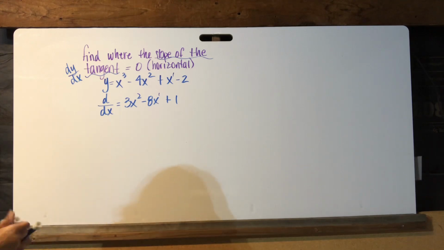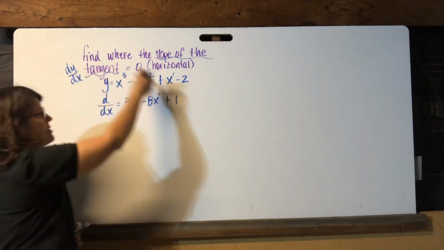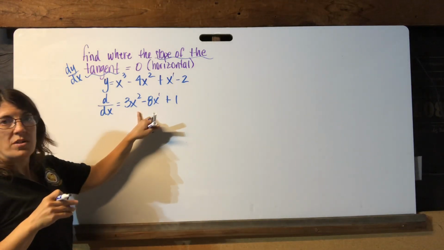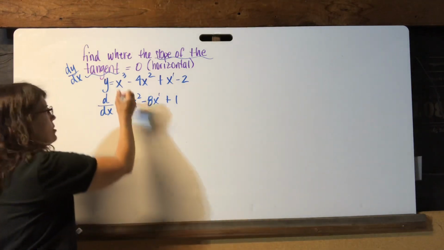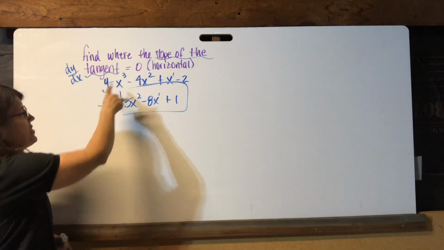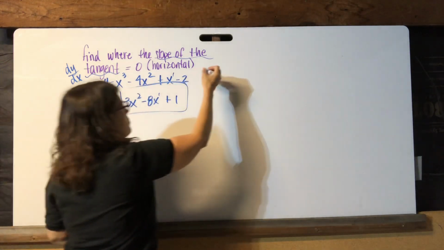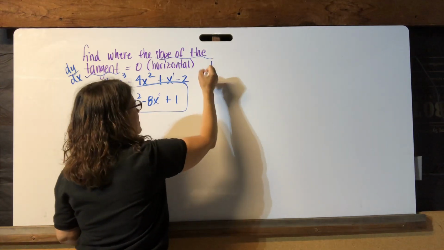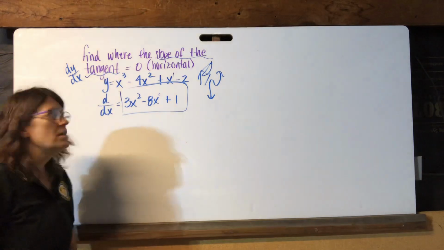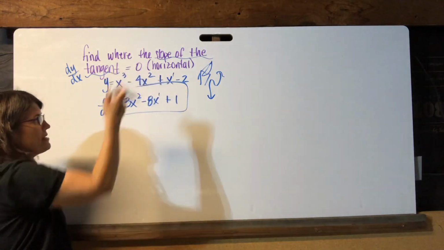That's where you start. The next question is, where is the slope of the tangent horizontal, meaning 0? So here is my generic slope. On the curve, this is x cubed, so it probably looks something like that, because it's a cubic function, and it's got all this mess in the middle.